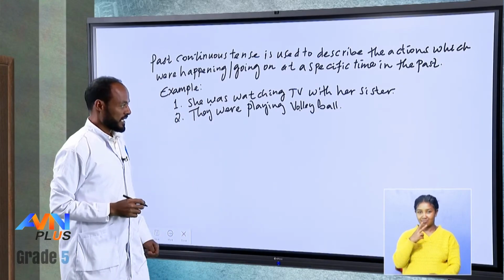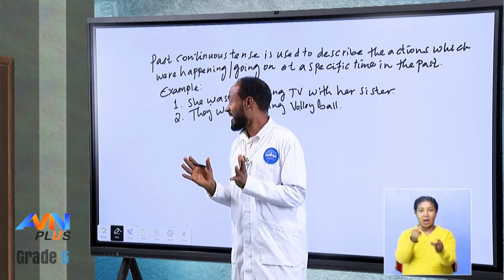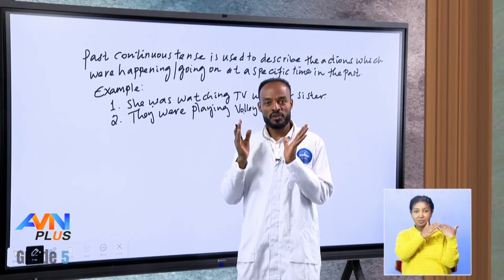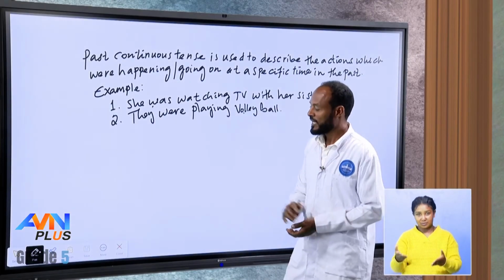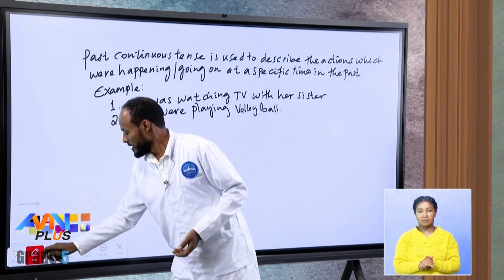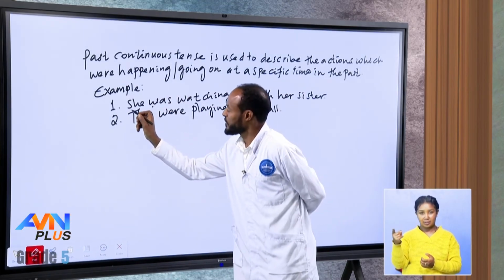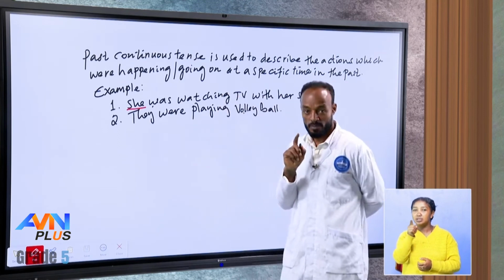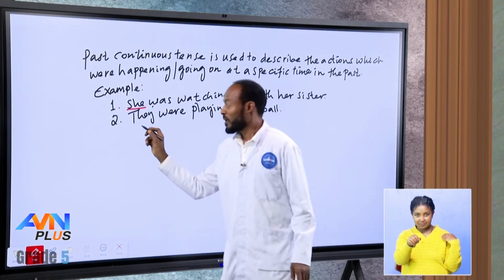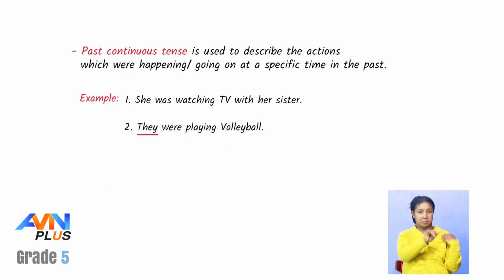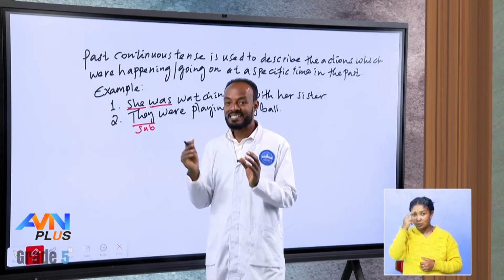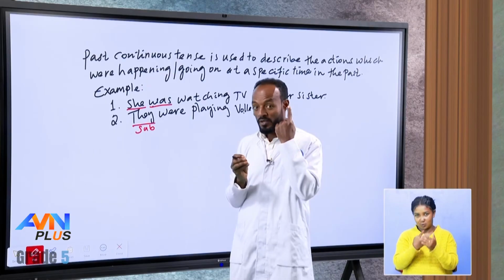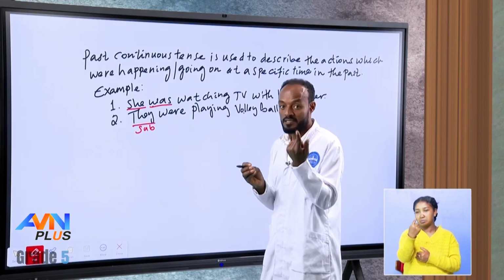Come on, students. Now we are going to identify the subject, the verb, and maybe the receiver of the action in this sentence. Look, when we say she, this is the subject, isn't it? What about they? This is also the subject. We use was here because she is third person singular, or we are talking about something which is one.